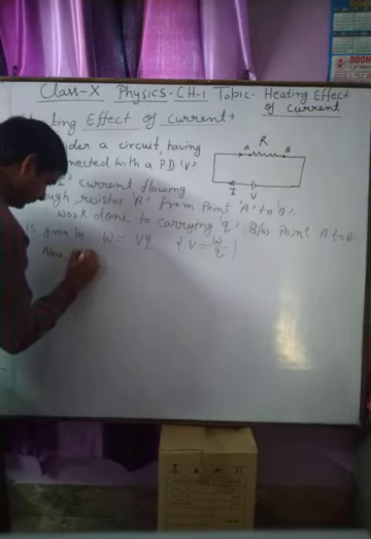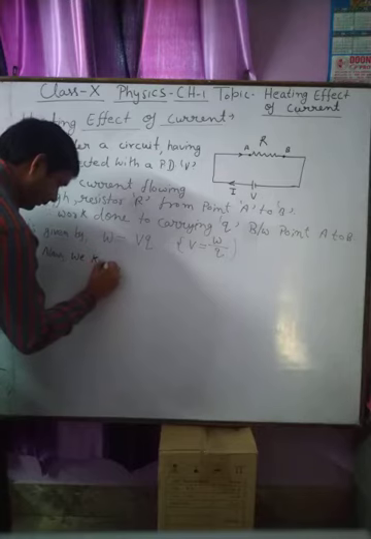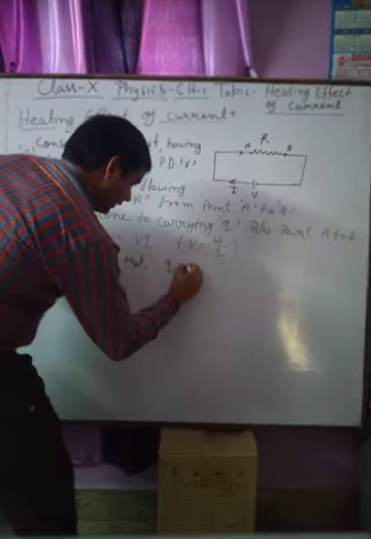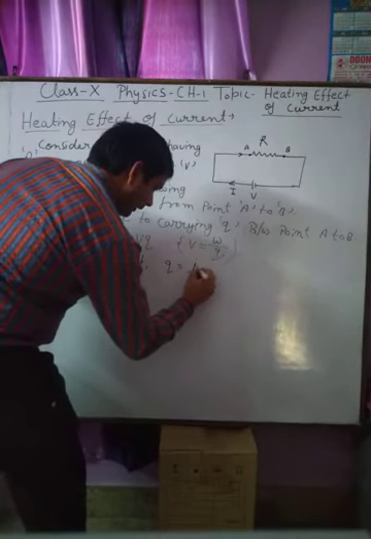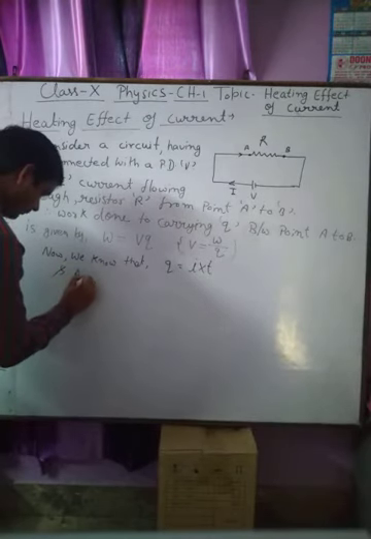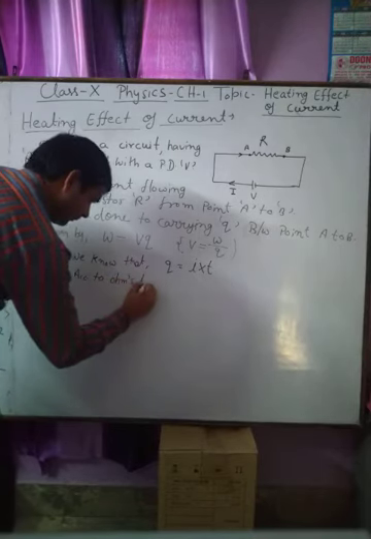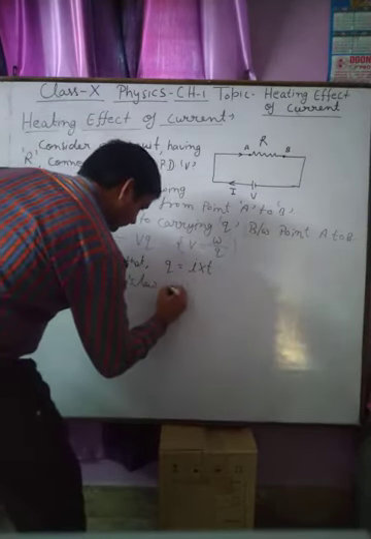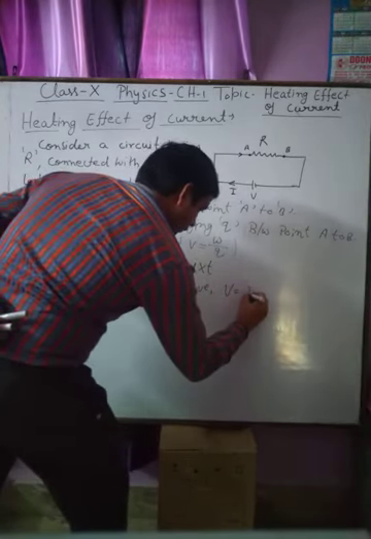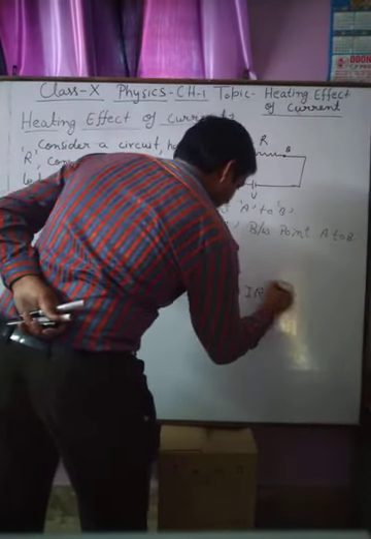Now we know that the value of Q is equal to I into T, and according to Ohm's law we have V is equal to I into R. These are the two equations.